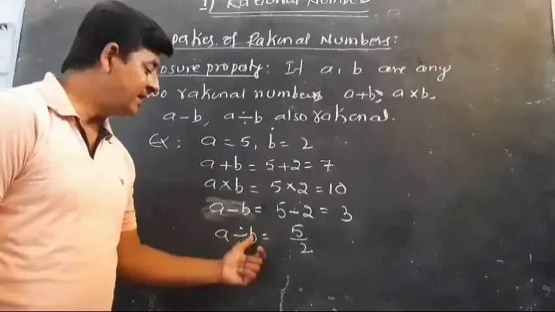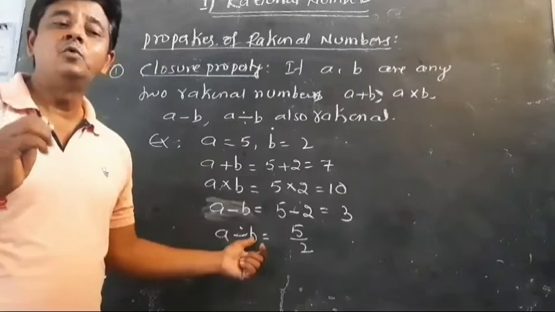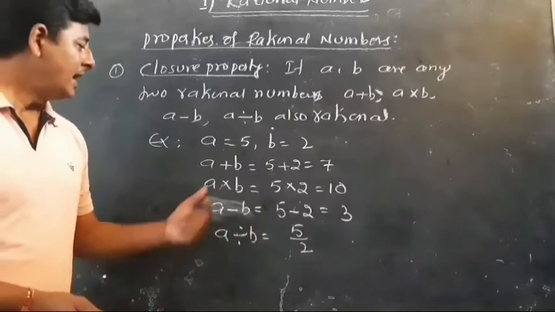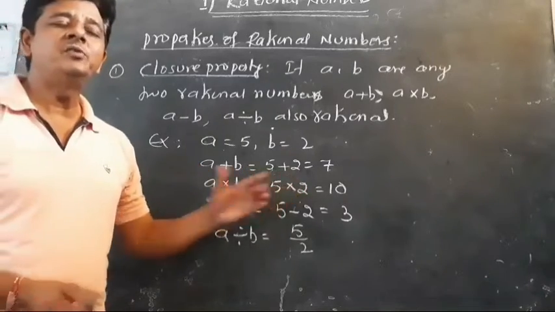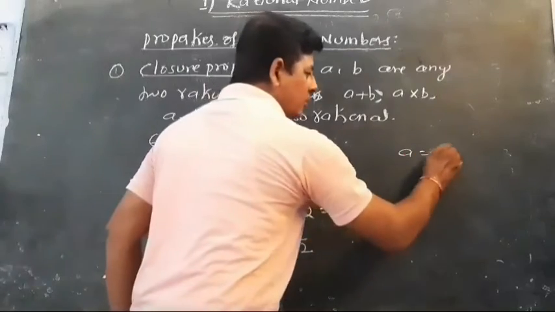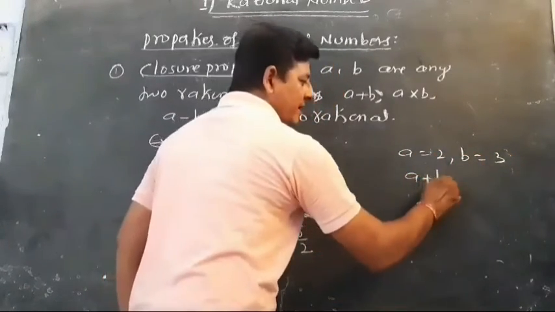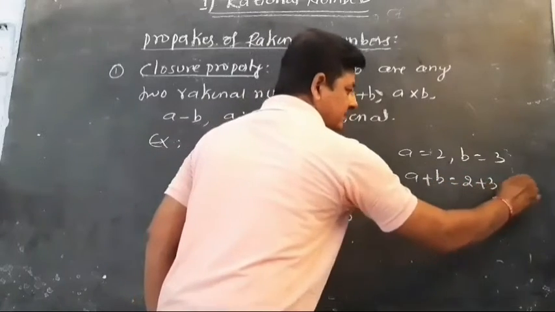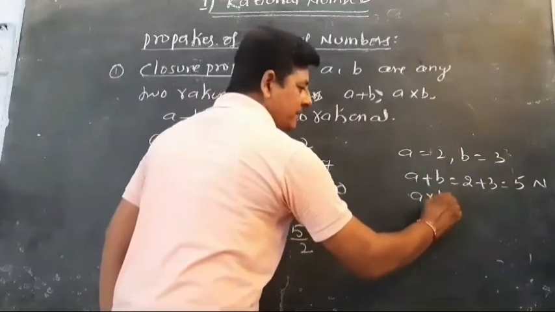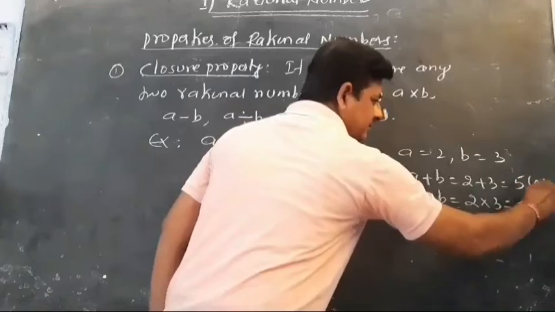For example, suppose you are taking a is equal to 2 and b is equal to 3. Okay, a plus b, 2 plus 3, 5, that is a natural number. a into b, 2 into 3, 6, it is also a natural number.